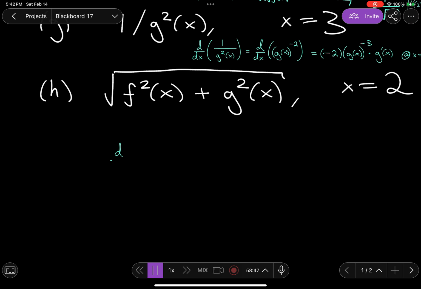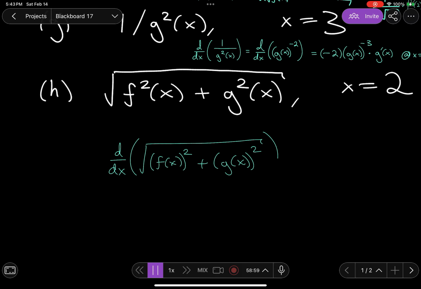We want the derivative with respect to x of the square root of f of x squared plus g of x squared. This is the same thing as 1 over 2 root f of x squared plus g of x squared.